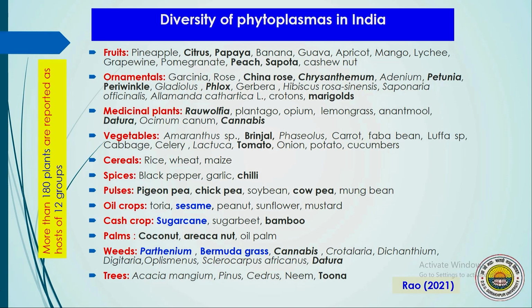This is really very emerging, and every year we report new host species and new vectors. That is now a big challenge for us, and we don't have pure resistant genotypes in any crop, so how to manage these phytoplasma diseases is again very important.